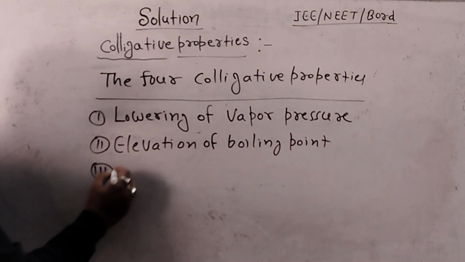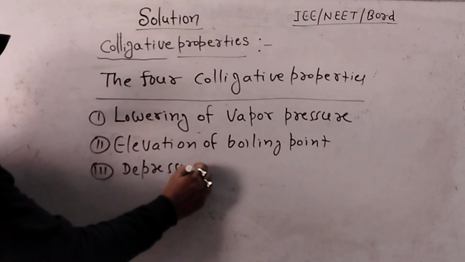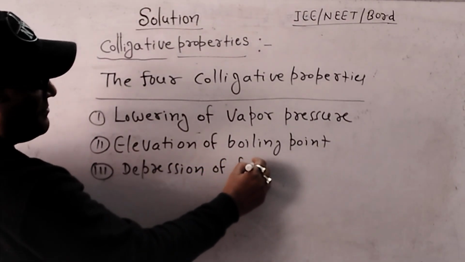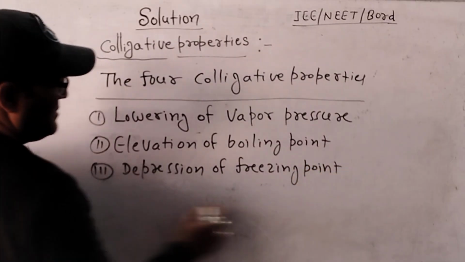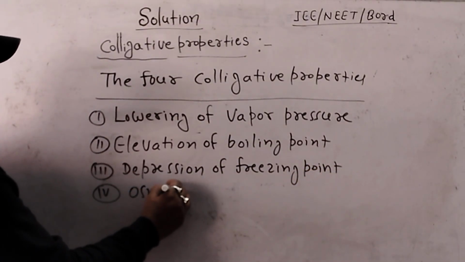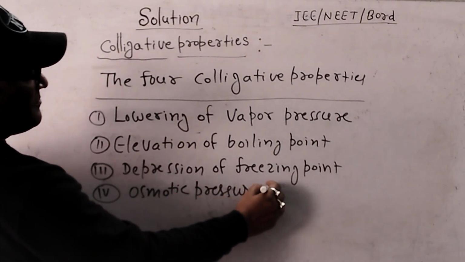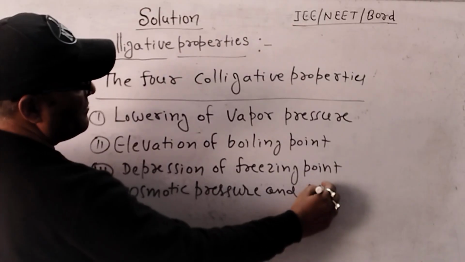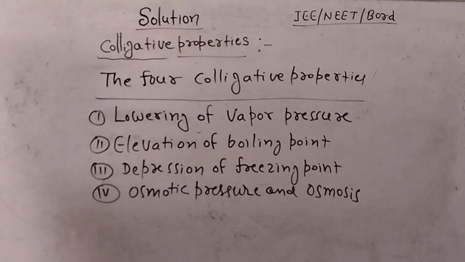Third is depression of freezing point. And fourth is osmotic pressure and osmosis. So you can take a screenshot. These are the four colligative properties.